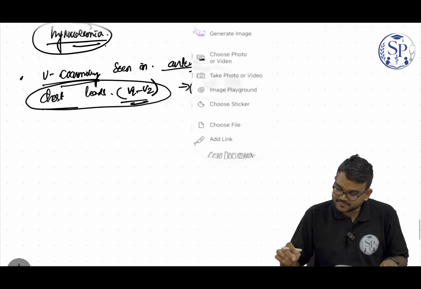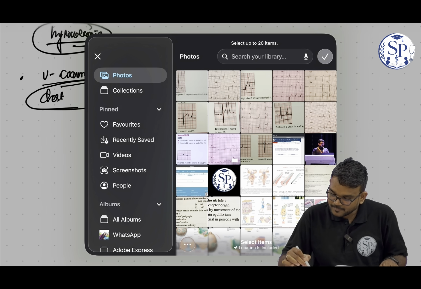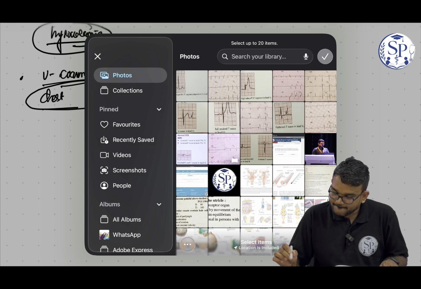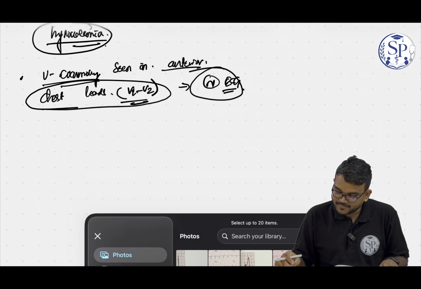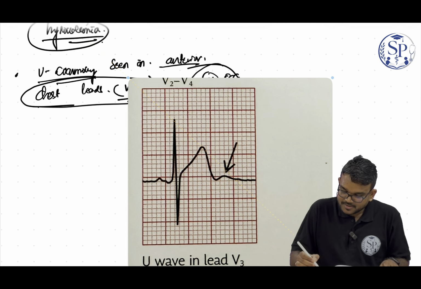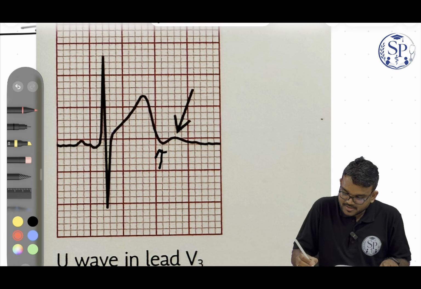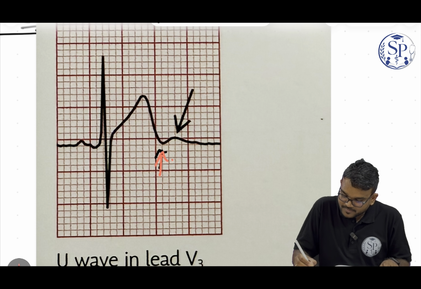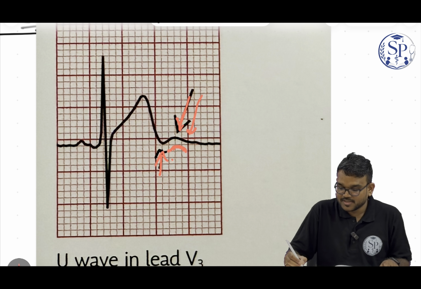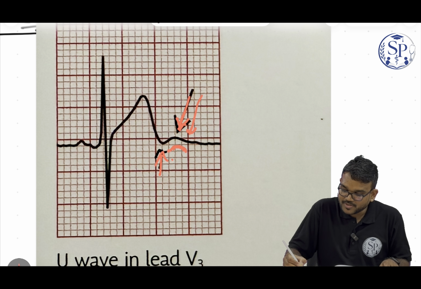So, after the ending of the T wave, you can note it down. After the ending of the T wave, we will see the extra hump, here is the U wave. Okay, it may be due to hypokalemia.